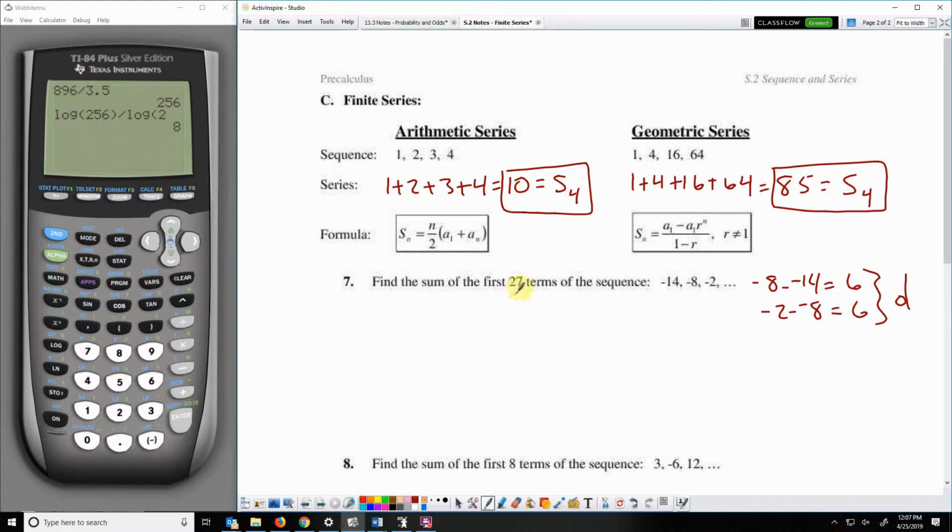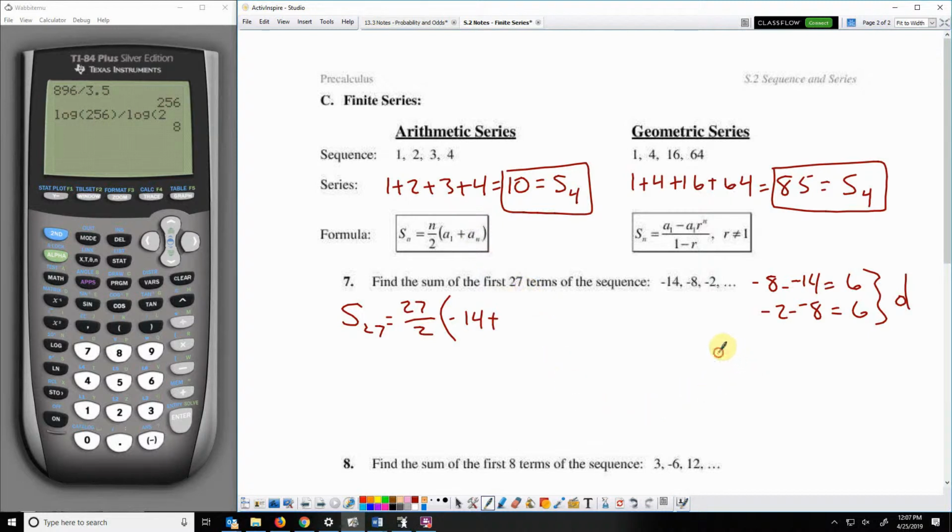Okay, so the sum of the first 27 terms of an arithmetic sequence, S sub 27, equals n over 2, 27 over 2, times the first term, negative 14, plus the last term, which means I actually need to know the value of the 27th term.